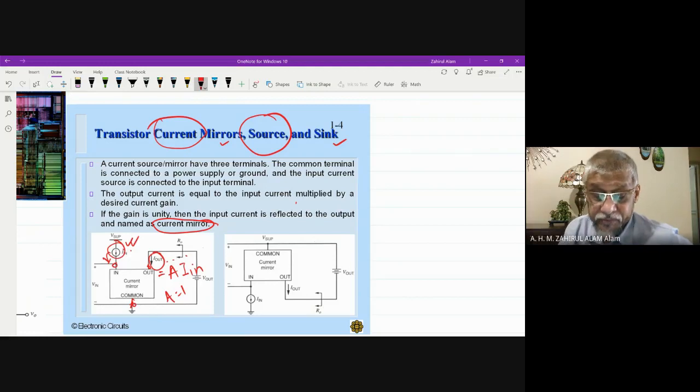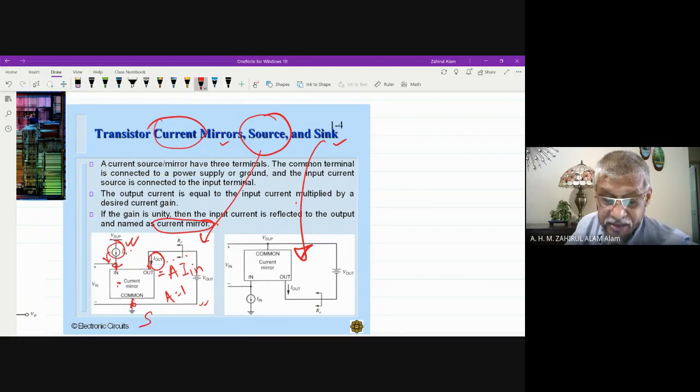Now the connection can be either source or sink. If the input current is coming through the power supply and delivered to this current mirror circuit, this is known as a source.